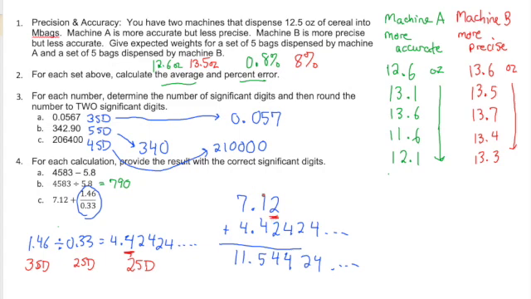So what I'm adding here is a number that is known to the hundredths place, 2 past the decimal, and a number that should only have 2 significant digits, so it's uncertain in the tenths place, 1 past the decimal. Then the result of my addition has uncertainty in 2 places. Again, we can't have that. So we need to round it to the tenths place.